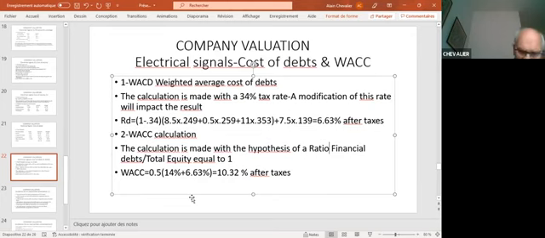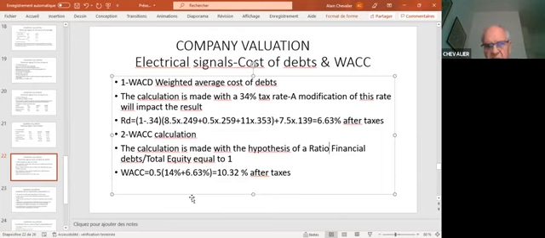So we need to calculate the cost of equity of the standard ordinary shares and the cost of equity for the preferred shares. We have two different calculations, two different market prices of the share, and two different returns, because we know that preferred shares have a better dividend than the ordinary shares. This was done first.